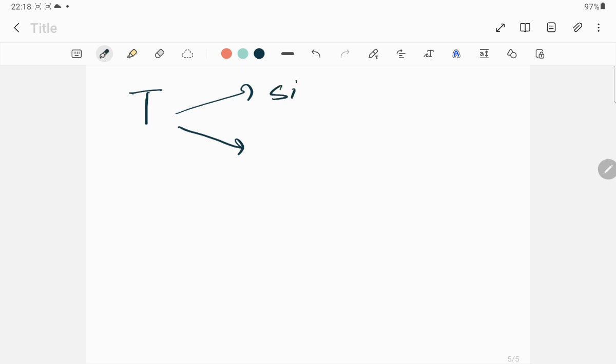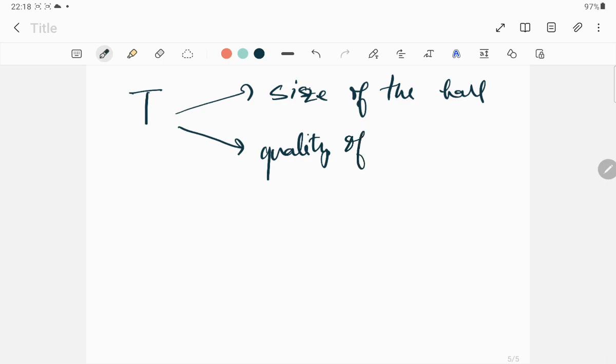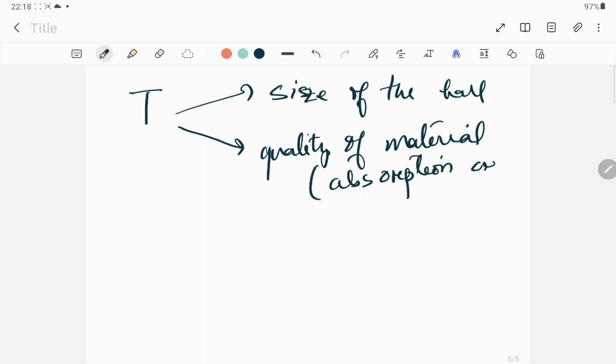and on what two basic things it will depend. One is the size of the hall or auditorium, whatever you are taking, and also the quality of material. That means indirectly it is depending on the absorption coefficient.